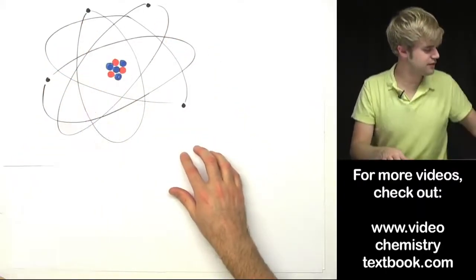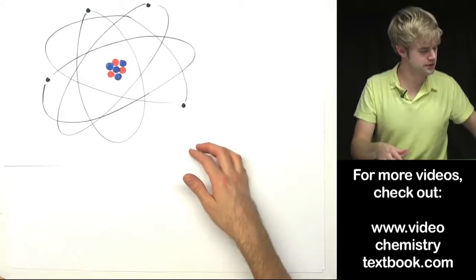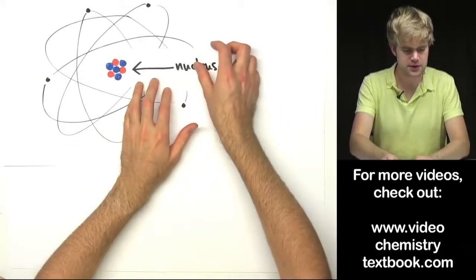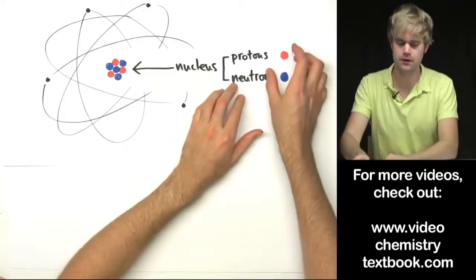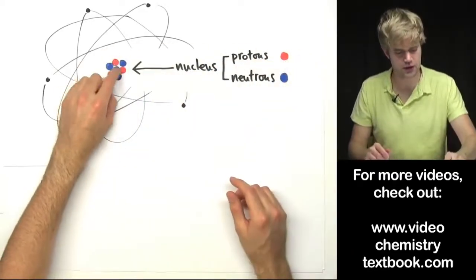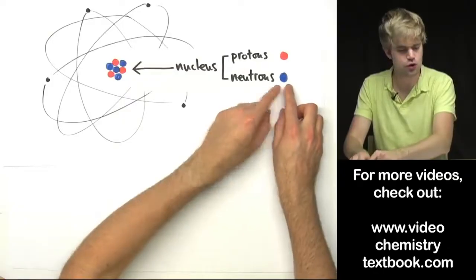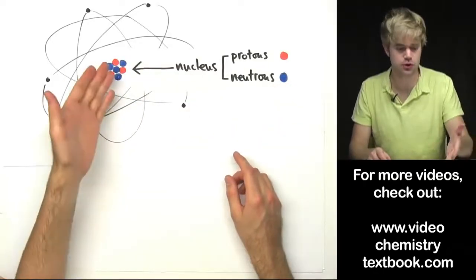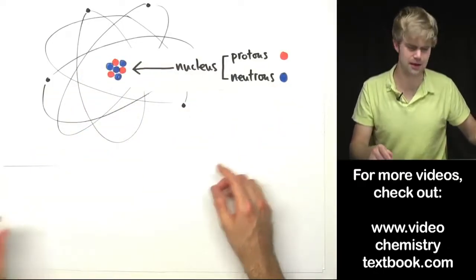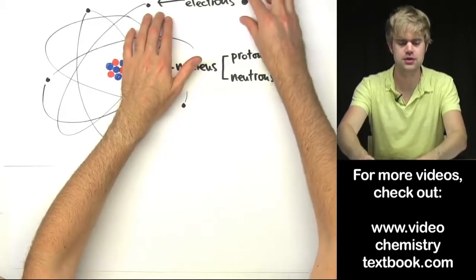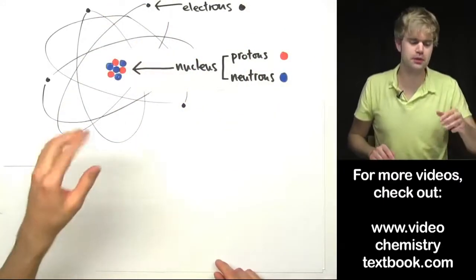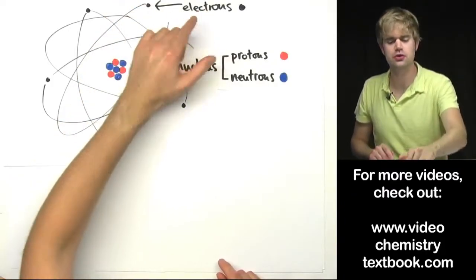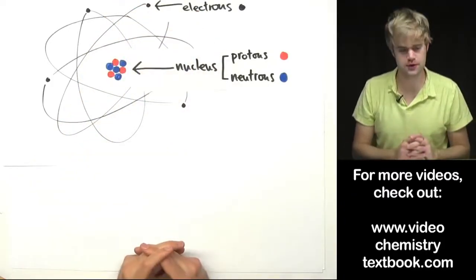So in the center of the atom is something called the nucleus. And the nucleus is made up of two tiny particles. There are protons, which I've drawn as red circles here, and then there are neutrons, which I've drawn as blue circles. The nucleus is here in the middle of the atom. And then on the outside of the atom, there are these little black circles that I'm using to represent electrons.